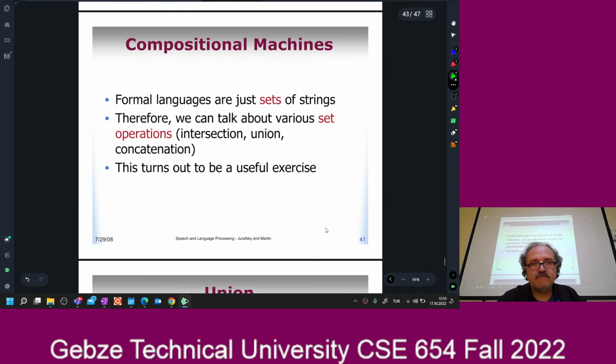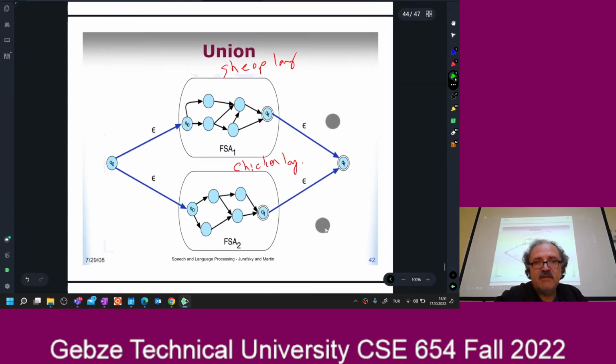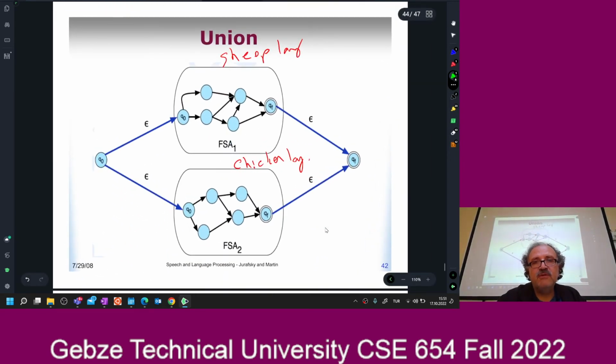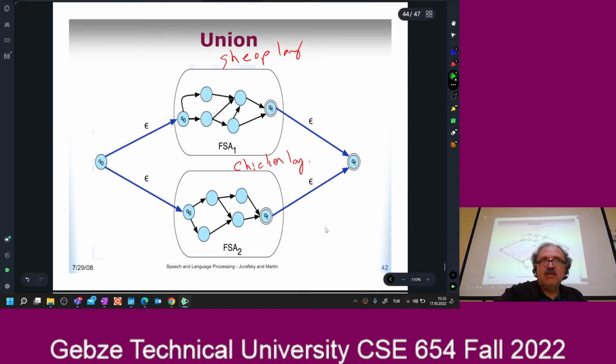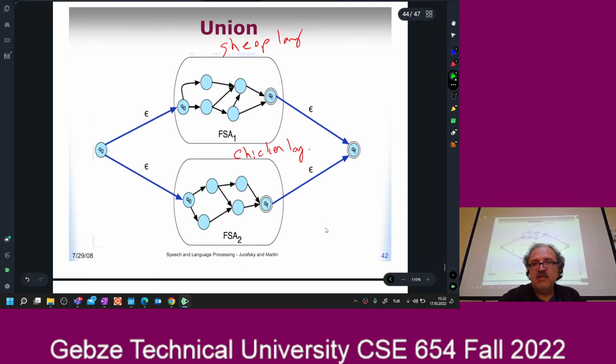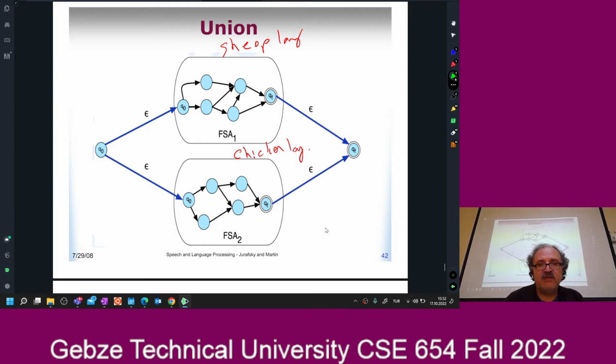Let's look at the one that I showed you. Finite state automata 1, finite state automata 2. This is the sheep language; it only recognizes the sheep language. This is the chicken language; it only recognizes the chicken language. This whole finite state automata, the new non-deterministic one, can recognize both the sheep language and the chicken language.